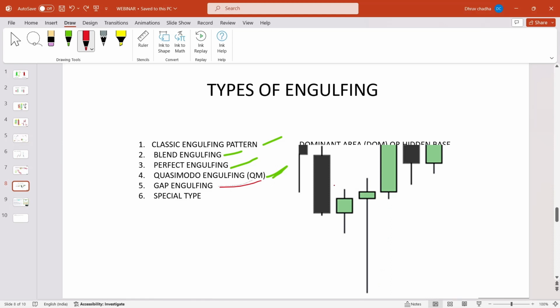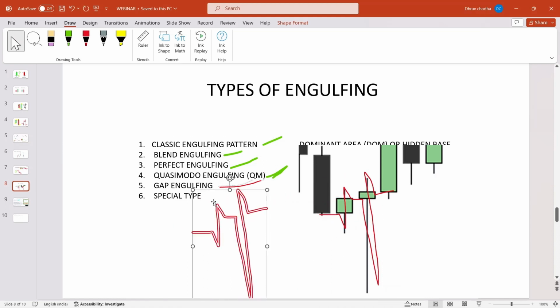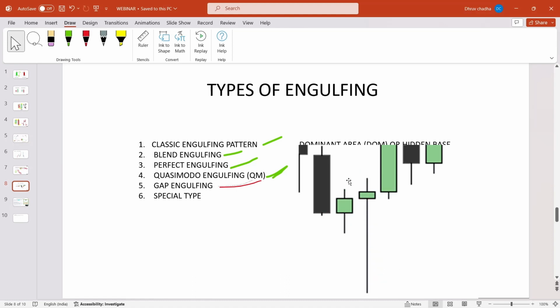So this is basically a QM formation as per the OHLC. So all the requirements for calling it an engulfing are being met.